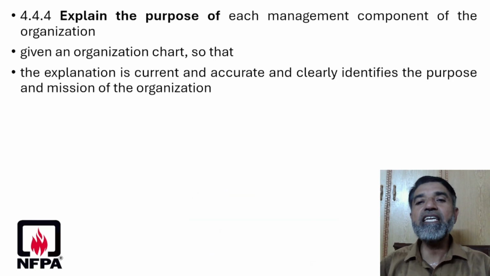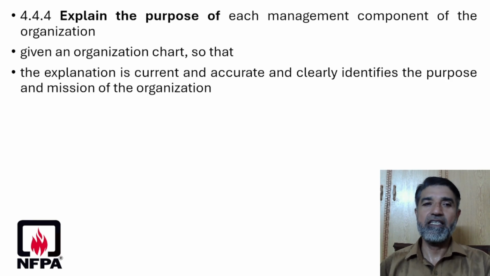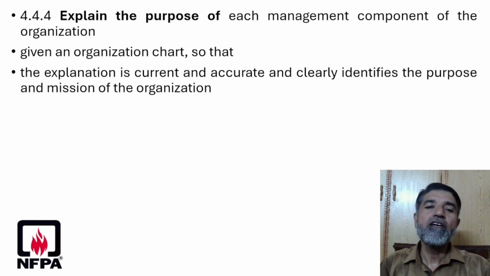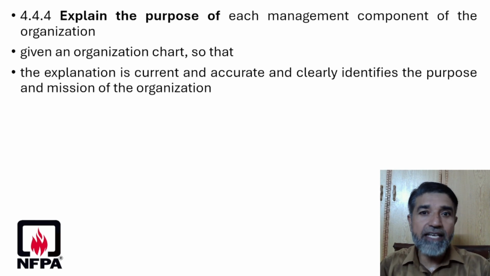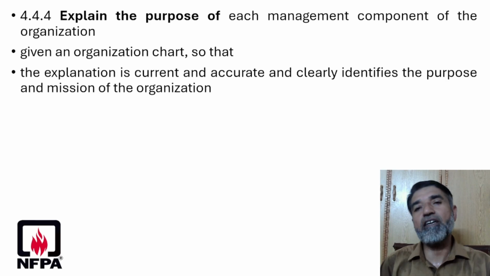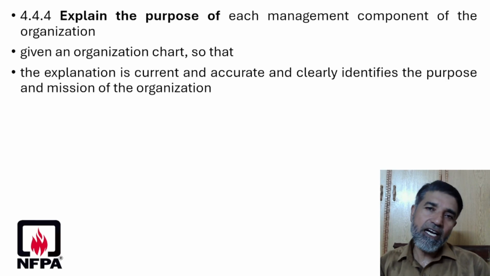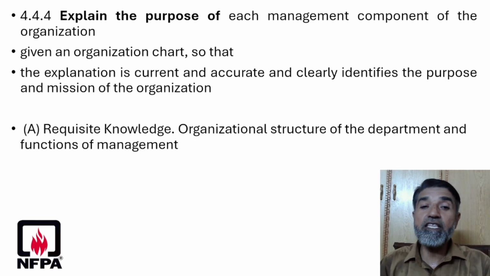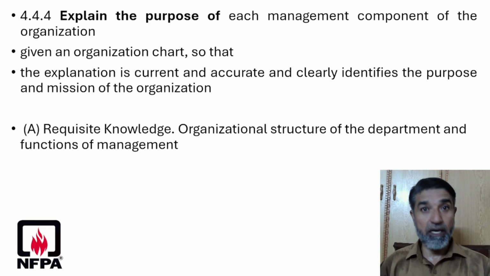And the next is 4.4.4, explain the purpose of each management component of the organization, given an organization chart, so that the explanation is correct, accurate, and clearly identifies the purpose and mission of the organization. He has to go through the hierarchy of the organization and understand the different departments. The knowledge needed is the organizational structure of the department and the management function.